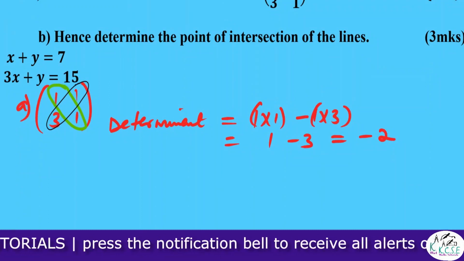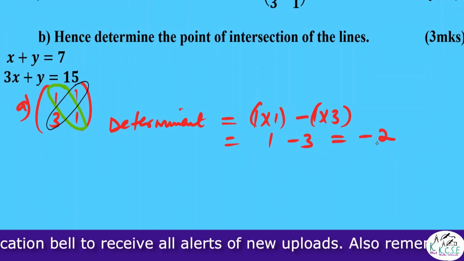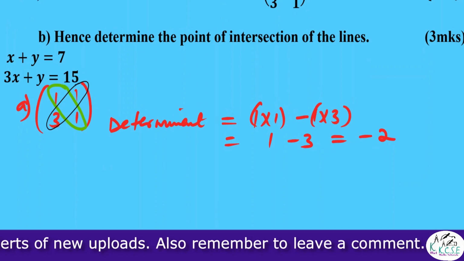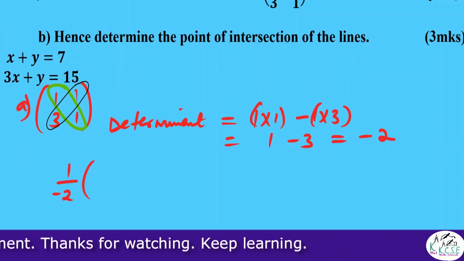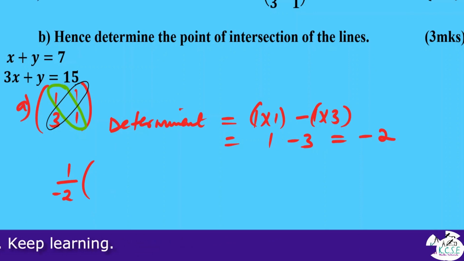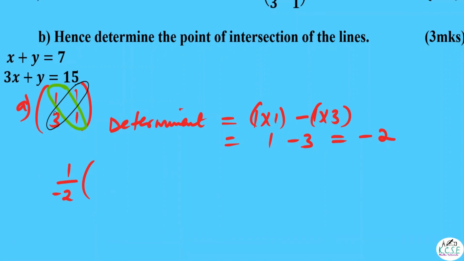The second step: to get the inverse, you take the inverse of negative 2, which is 1 over negative 2. Then from there, we interchange the values of this matrix in order to get 1, minus 1, then negative 3 and 1.